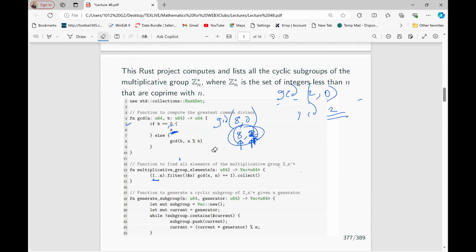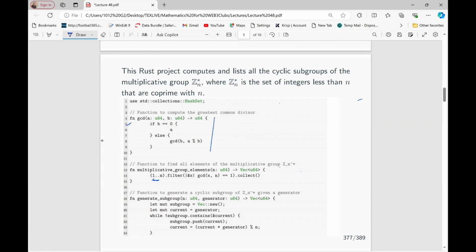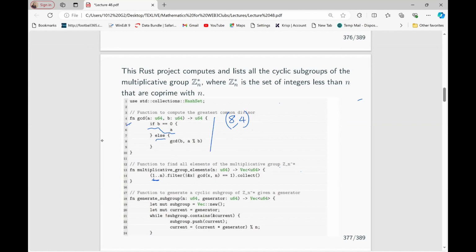Let me use a number that is not 2, because with 2 it was very easy. Let me use 8 and 4, so that we understand what these steps are saying. Supposing I want to get the GCD of 8 and 4. This part does not apply to us at this point. None of the elements is 0. So we go straight to else.